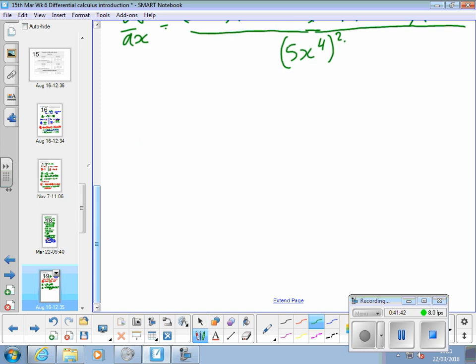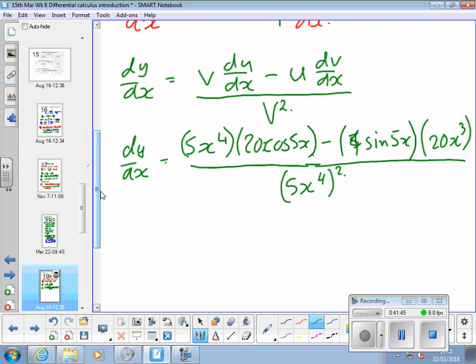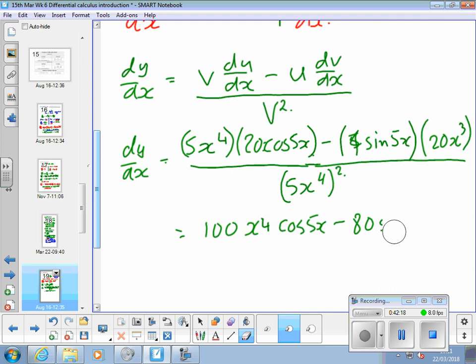So let's look at how we might be able to simplify this. 20 times 100, x to the 4, cos 5x, minus 80x cubed sine 5x, all over.